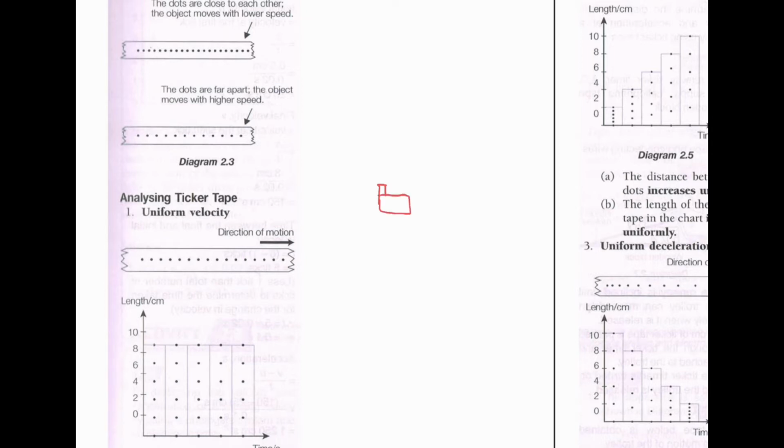Okay, this is a trolley, so it's held by a ticker tape. This is the ticker tape. And then imagine your ticker timer is here. Okay, so this is moving up and down and makes dots on the ticker tape.